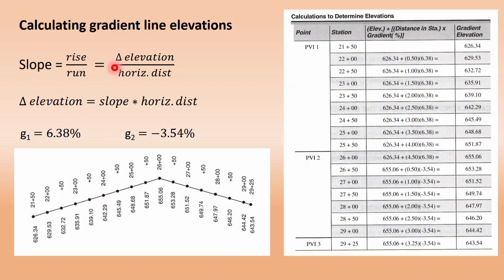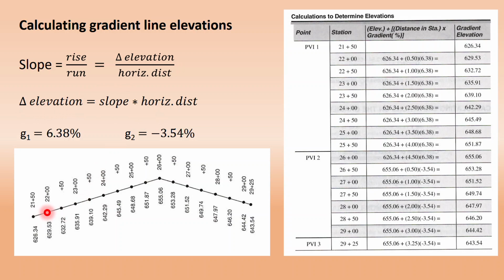And right now, what we're interested in calculating is this change in elevation. So if we re-express this equation algebraically, your change in elevation is simply your slope times the horizontal distance. If you want to know the difference in vertical elevation from this point to that point, you simply multiply the slope of that line times the horizontal distance between those 2 points.